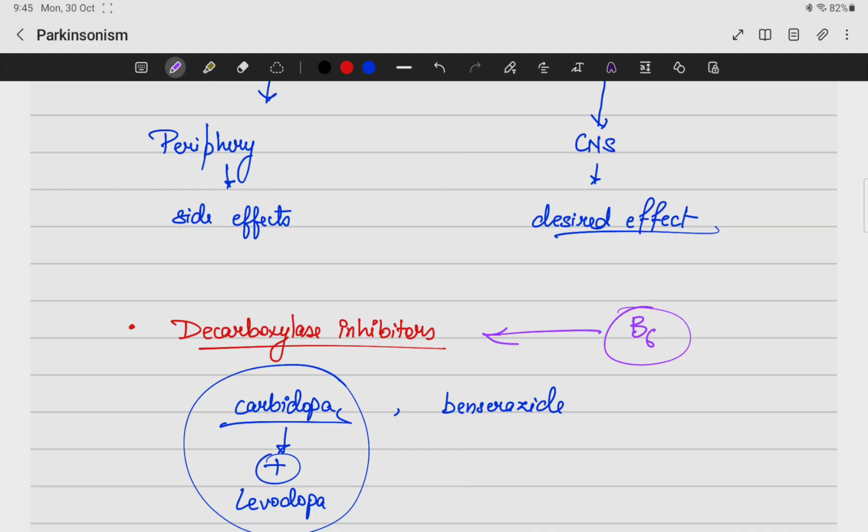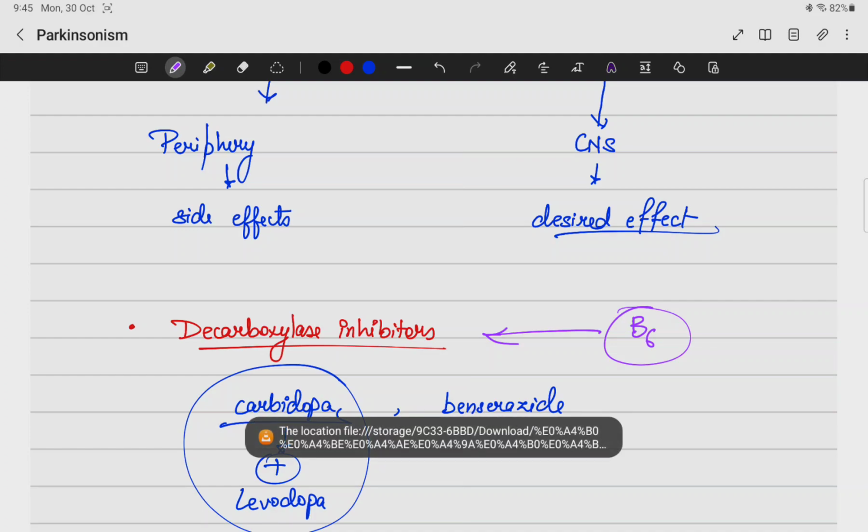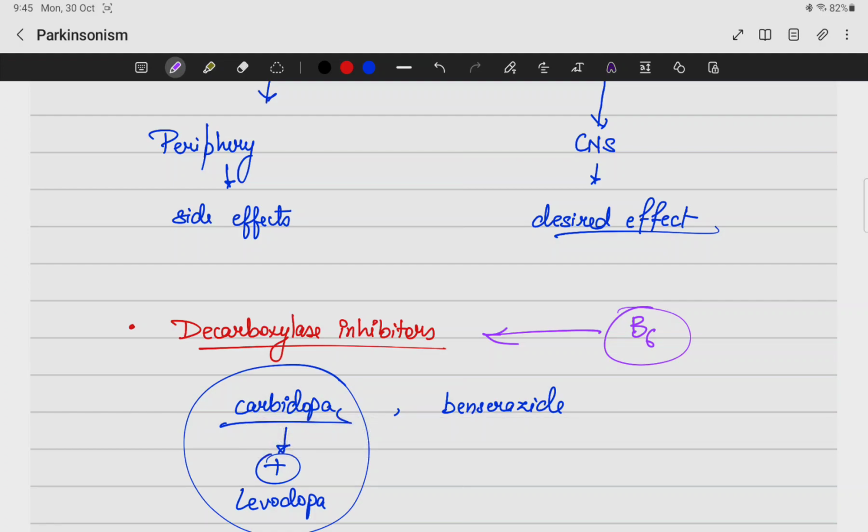This can actually lead to more conversion of your levodopa to dopamine in the periphery, and can cause therapeutic failure of the drug, right? So refrain from using pyridoxine in patients of Parkinsonism.